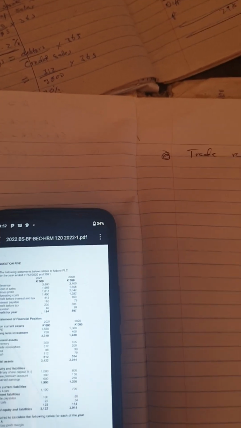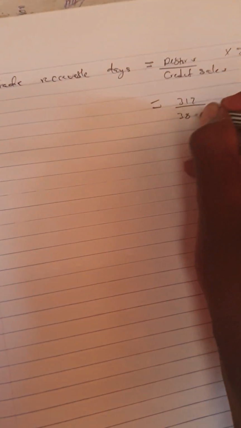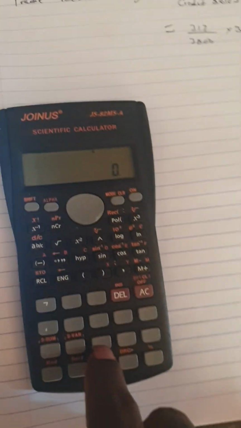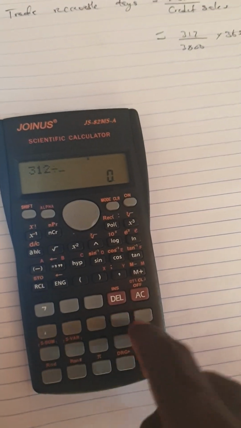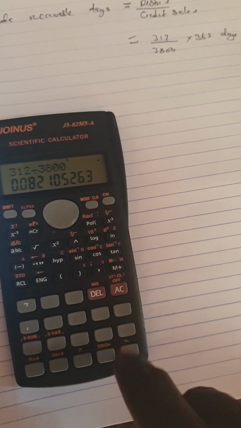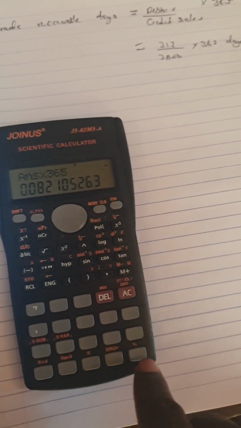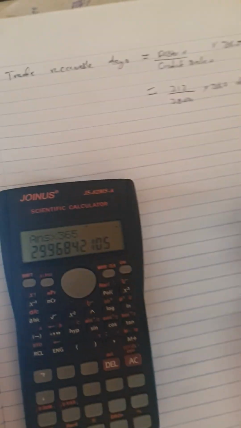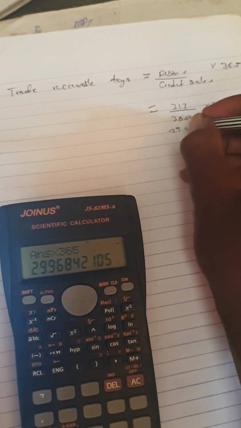Our revenue was 3800, times 365 days. So 312 divided by 3800 times 365. Therefore, we're going to have 29.9 days.